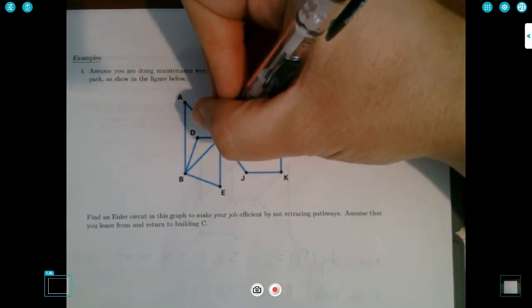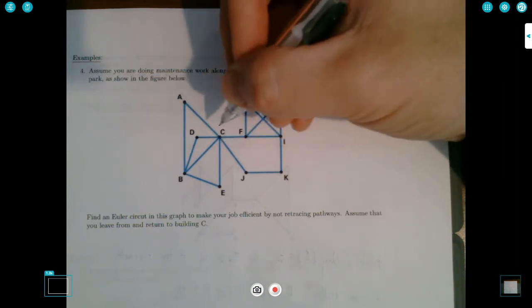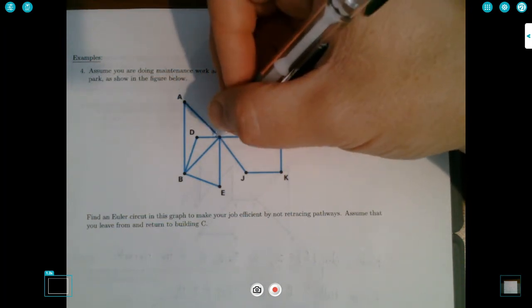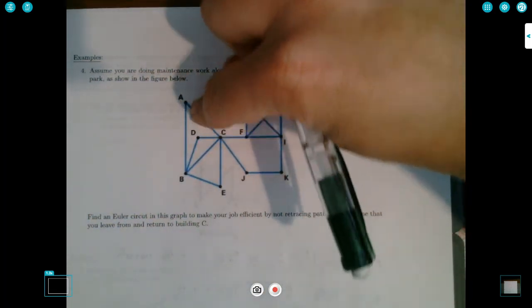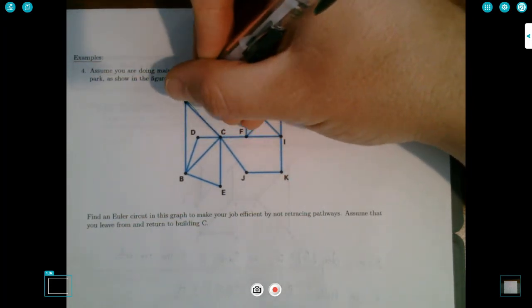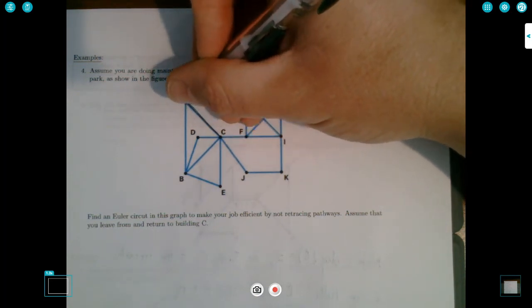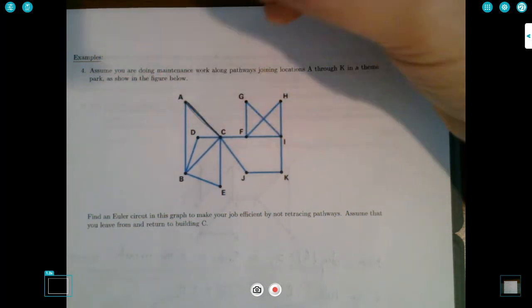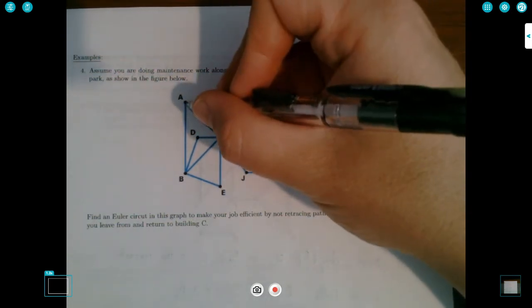But anyway, from C, I keep going this way because I'm inclined to want to go towards A. Can I do that? Yeah, it's not a bridge, right? This is not a bridge. If I remove it, I still have a connected graph. So I can go here, right? That's not the only option, but that's just what I chose to do. Okay, so I can go there. And once I'm there, I have no choice. I have to go down here.